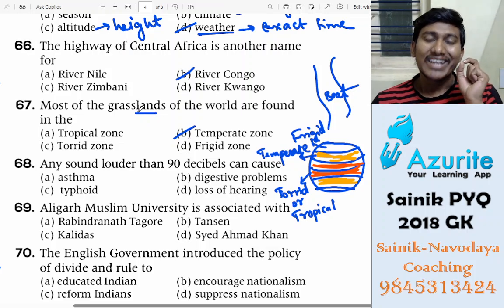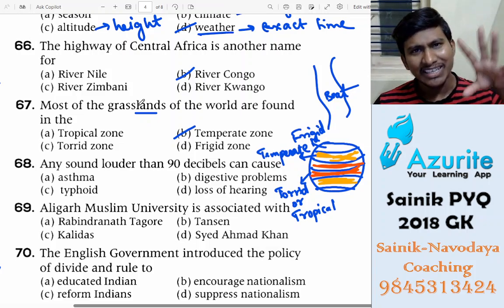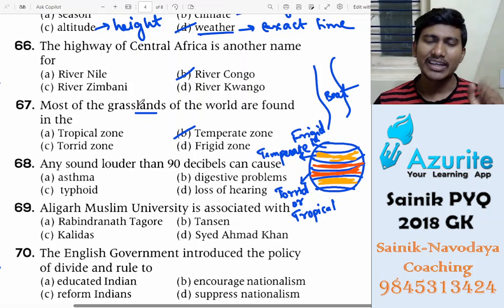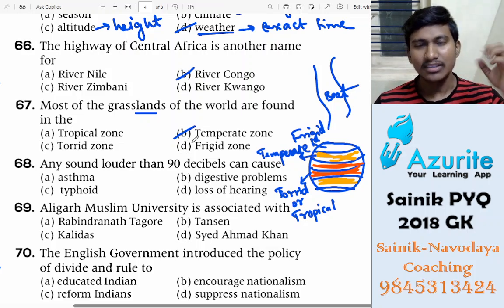Grasslands means growing grass, right? If there is so much heat, grass will die away. So in the torrid and tropical zones that will not be possible, it will be possible in the temperate zone. Grasslands means grass will be there so much.